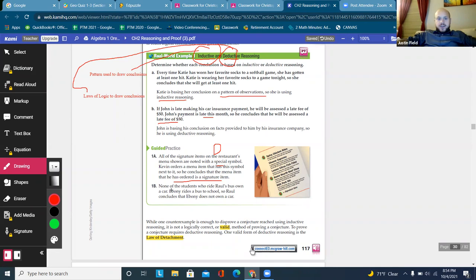Hopefully there's a pattern. None of the students who ride Raoul's bus own a car. Ebony rides a bus to school, so Raoul concludes that Ebony does not own a car. Okay. That is inductive reasoning. Well, now hold on here.